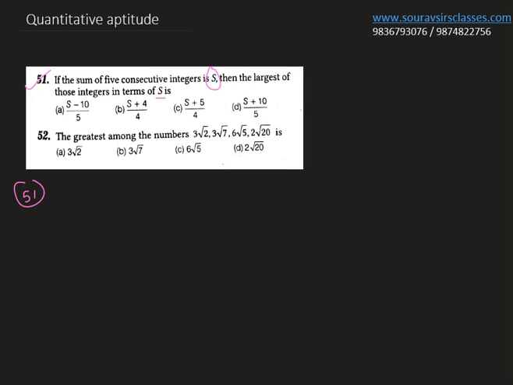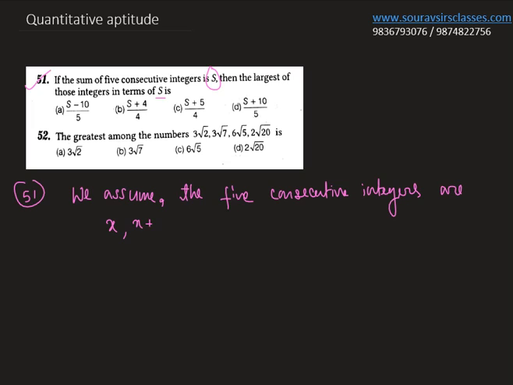So first of all, we assume that the 5 consecutive integers are x, x plus 1, x plus 2, x plus 3, and lastly x plus 4.